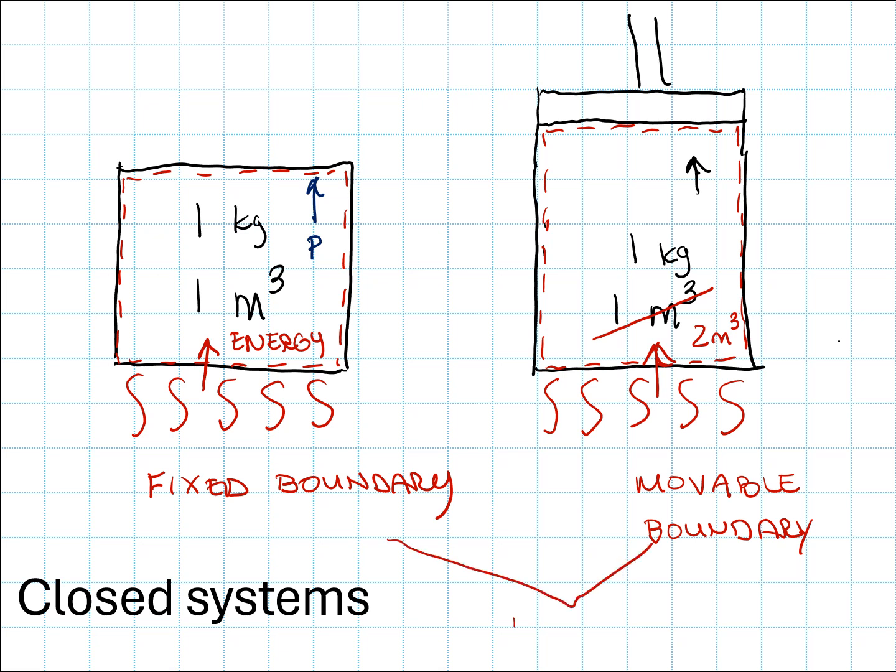But they are both closed systems. In neither example has any mass crossed over that red dashed line. In my second example, the red dashed line expanded to accommodate the expansion of my system of mass in space.